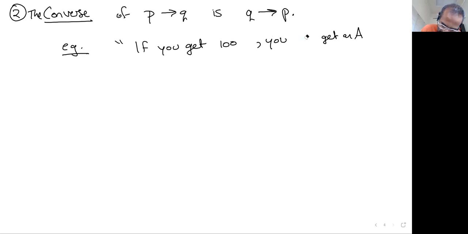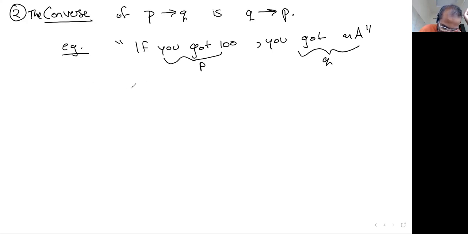If you got 100 in this class, you got an A. Each of these, in the context of this class, is a proposition. It's either true or false. You either did or didn't get 100, or did or didn't get an A. And this contract actually will hold in this class. So in this case this is P, and this is Q.